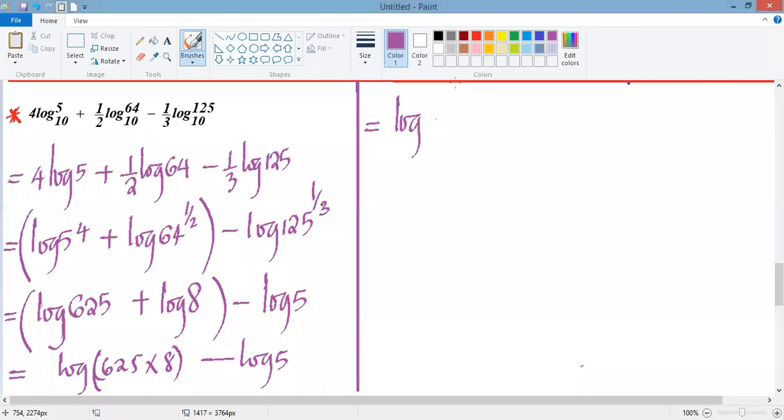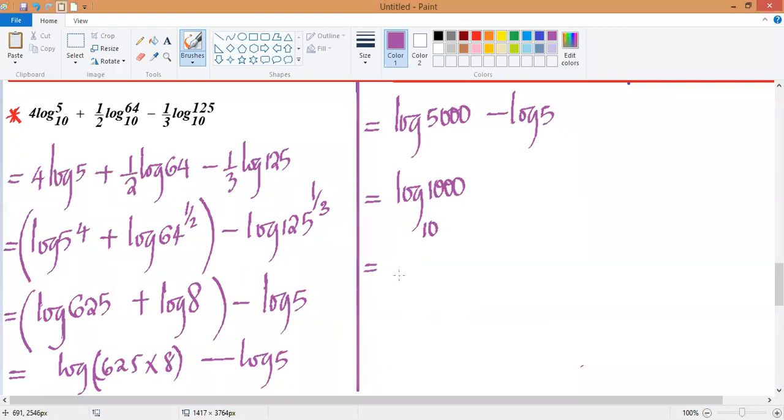To be log 5,000 minus log 5. Which becomes? We shall divide 5,000 by 5, which would be 1,000, to base 10. Then we bring back the base.